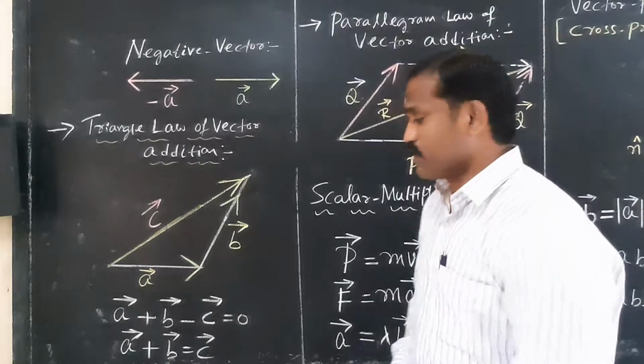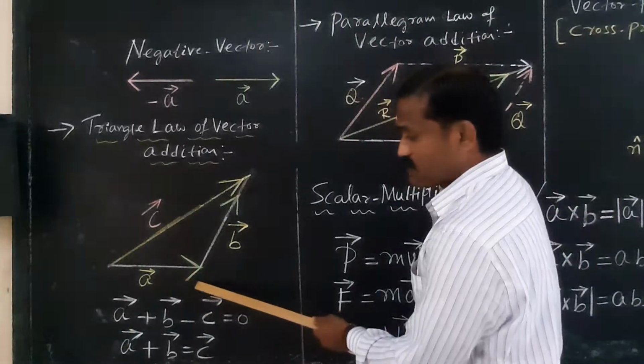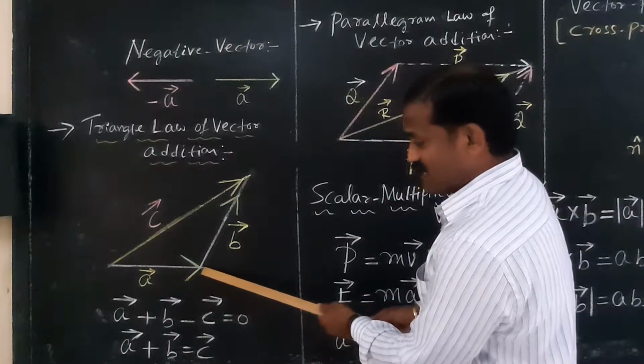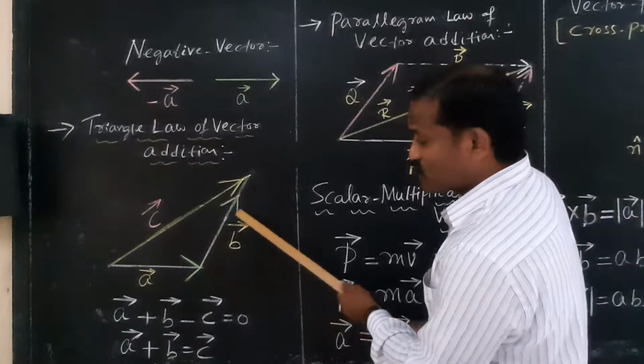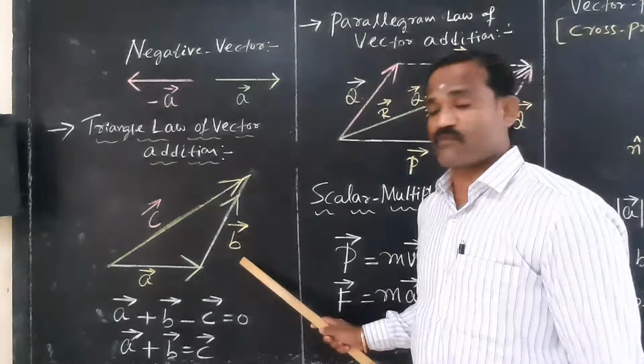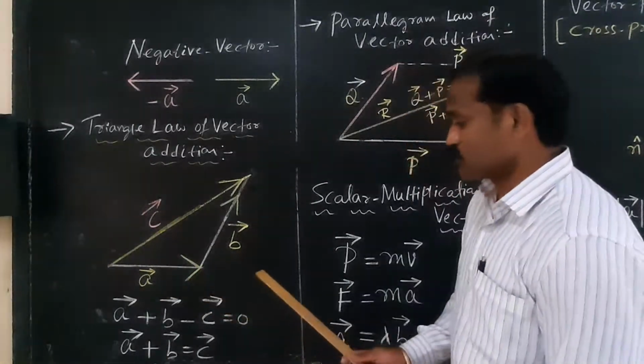How to add the two vectors? The terminal point of the vector A is meeting with the initial point of the vector B. So then they are under addition. See, observe carefully.